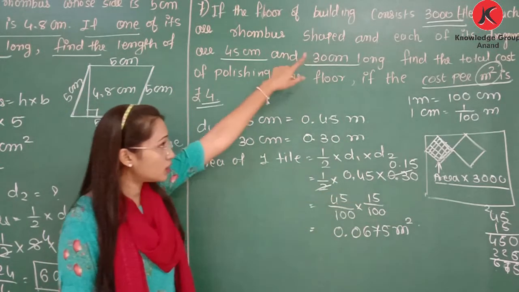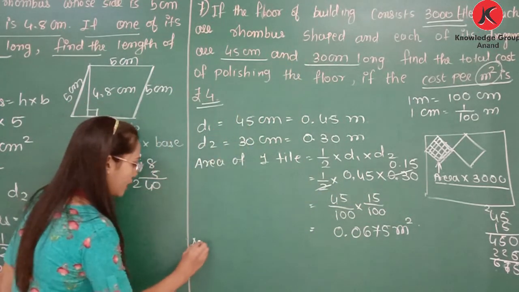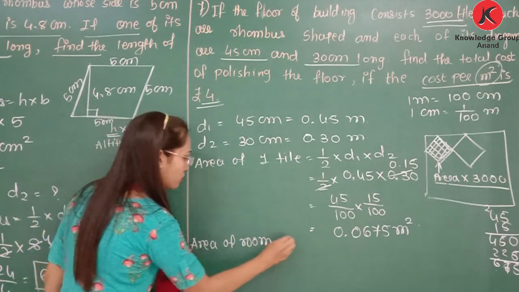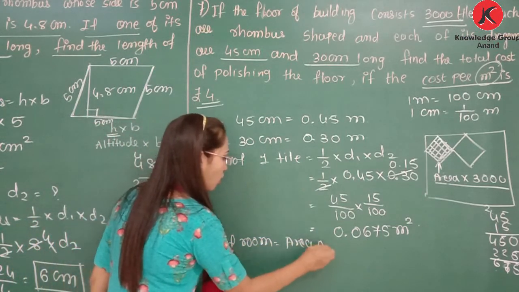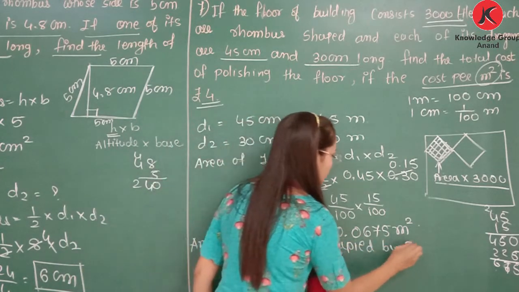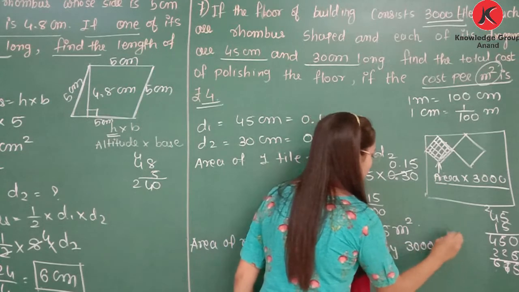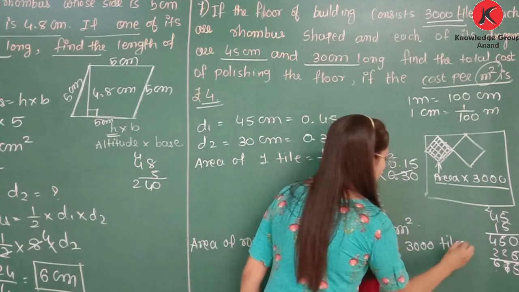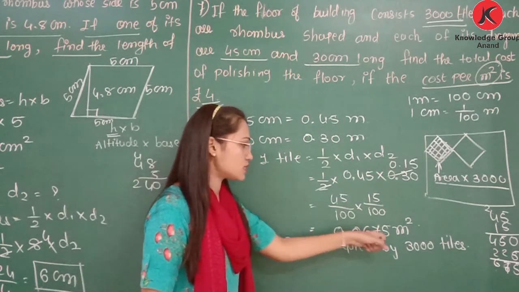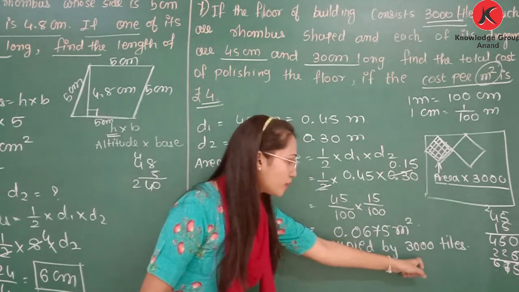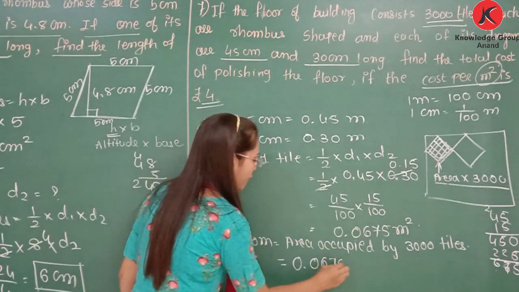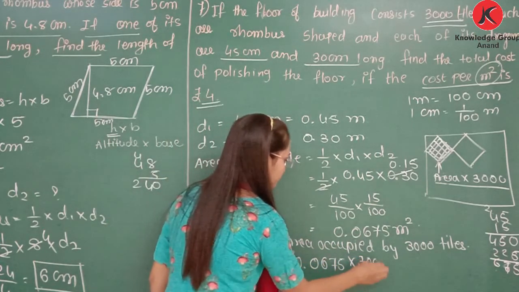So we have 3000 tiles. So area of room is equal to area occupied by 3000 tiles. What is the area occupied by one tile? That is 0.0675. So area occupied by 3000 tiles is 0.0675 multiplied by 3000.